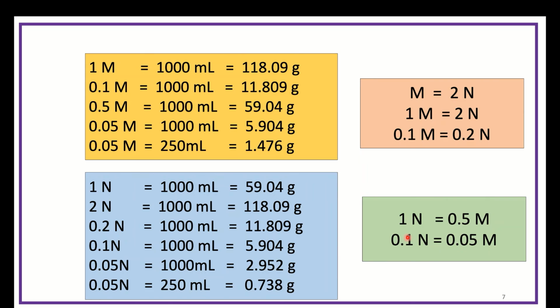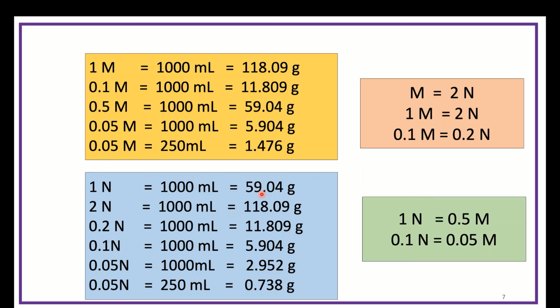In terms of molarity, whenever we prepare a 1 molar solution, the molecular weight 118.09 grams in 1 liter gives a 2 normal solution, because the molecular weight is double the equivalent weight for succinic acid. 118 is the molecular weight and 59 is the equivalent weight.